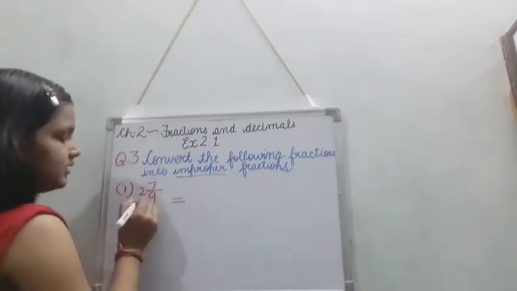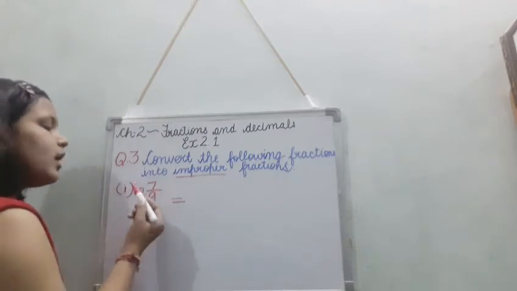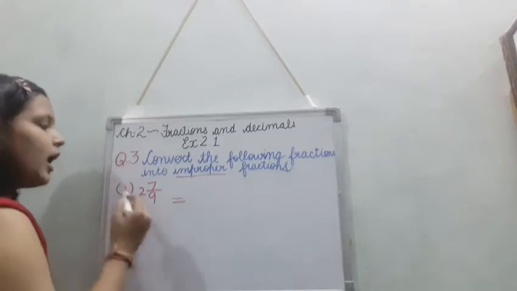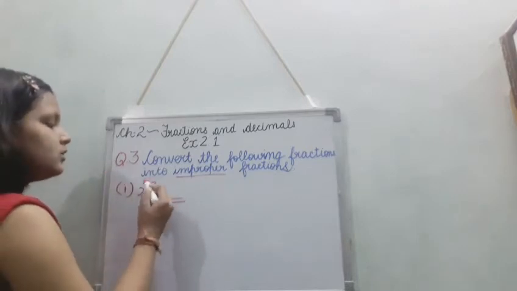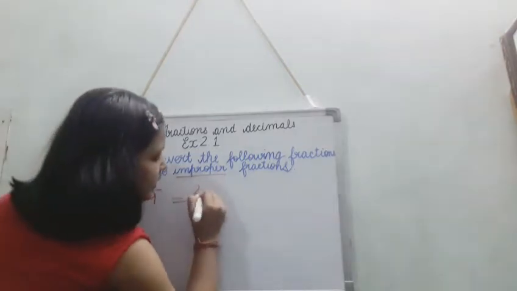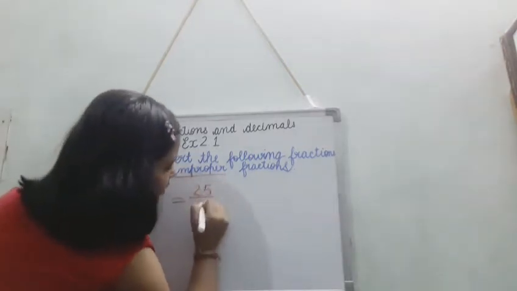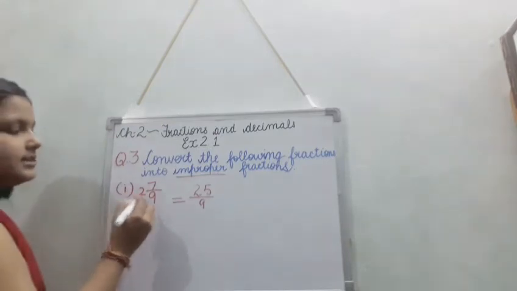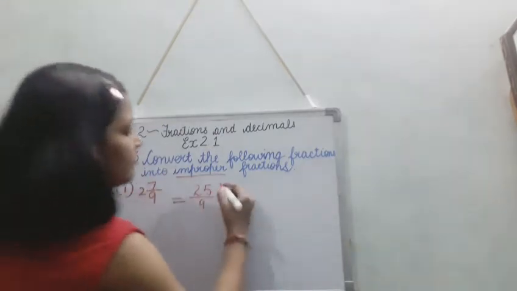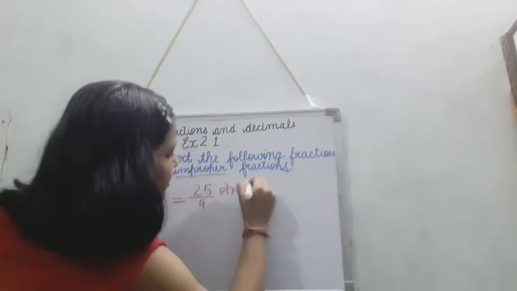That will be 18. And then whatever the product is coming, you have to add it with the numerator, whatever it's given. Okay, that will be 25 upon 9. 9 twos are 18, and then 18 plus 7 is 25. So the answer is 25 upon 9.